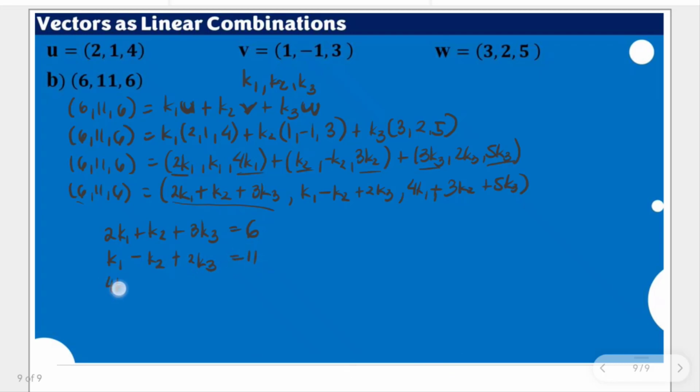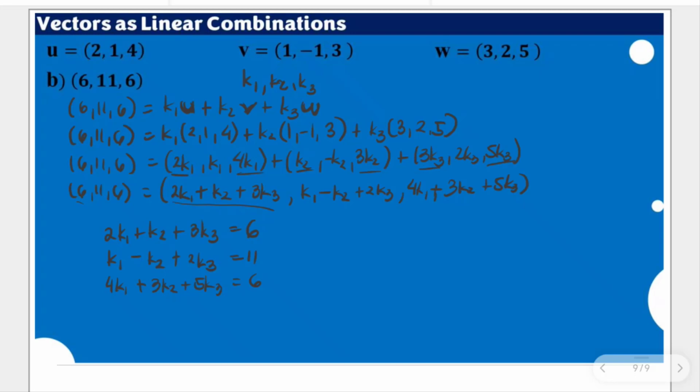And then 4k sub 1 plus 3k sub 2 plus 5k sub 3 is equal to another 6. This is now a system of linear equations where the variables k sub 1, k sub 2, and k sub 3 are what we are trying to solve.